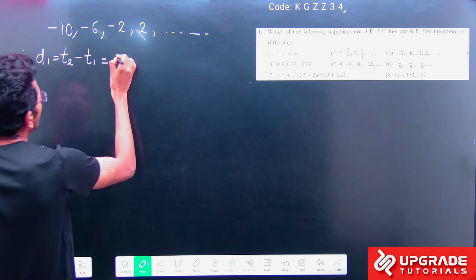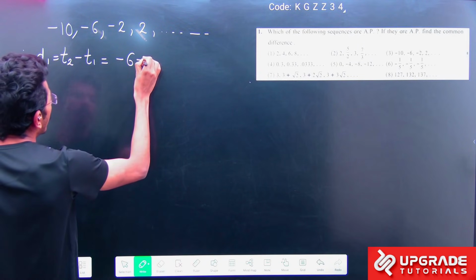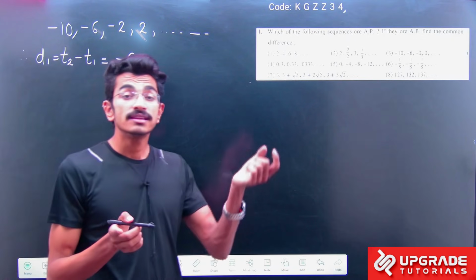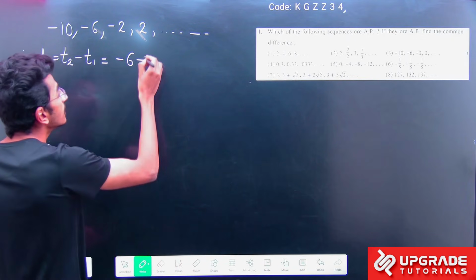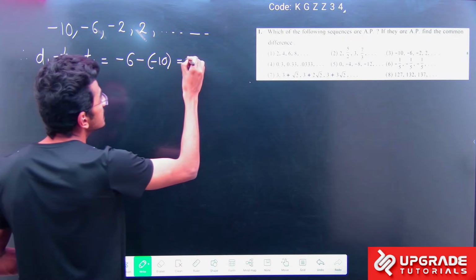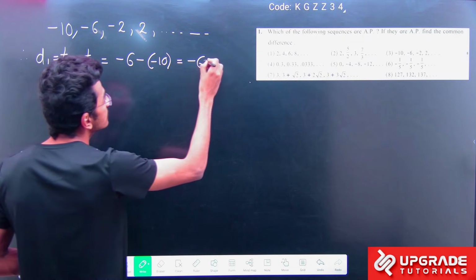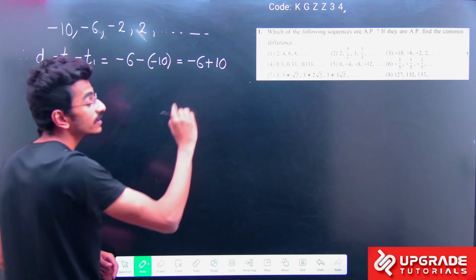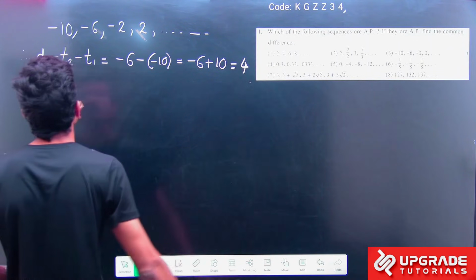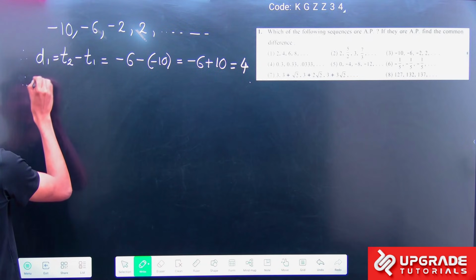What is the second term? Minus 6. Minus, what is the first term? Minus 10. But there is already a minus sign, so you will write minus of minus 10, which is equal to minus 6. Minus minus becomes plus 10. So 10 minus 6 is 4. Here the difference becomes 4.